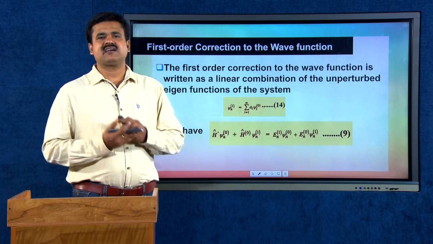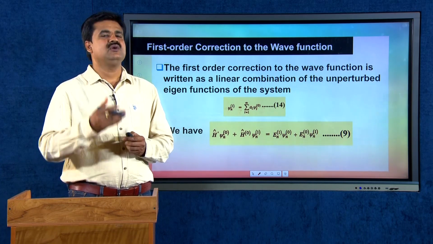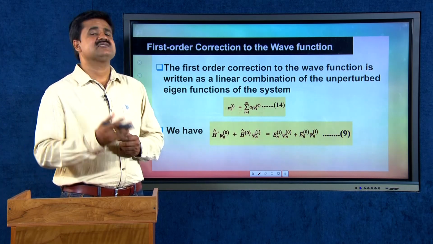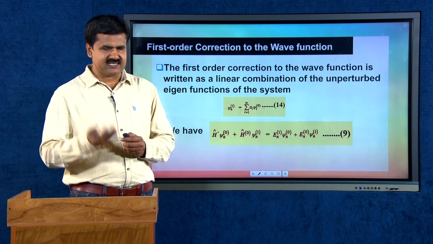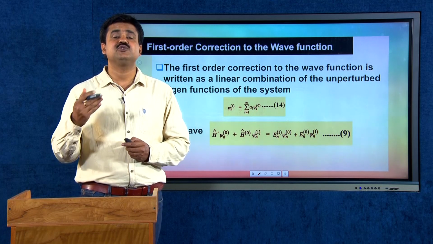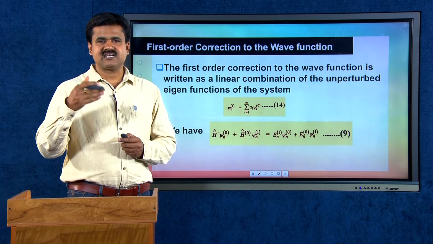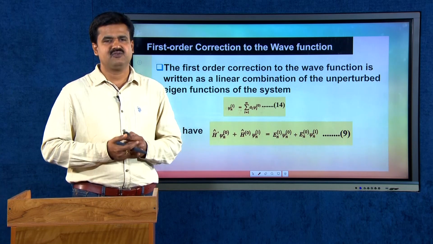The first order correction to the wave function is our next step. Energy and wave function are two important parameters, out of which we have performed the first order correction to energy. Now, we have to give the first order correction to the wave function. In order to do that, first of all, we have to fix the wave function.